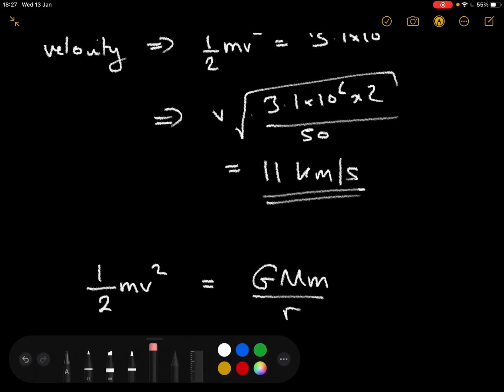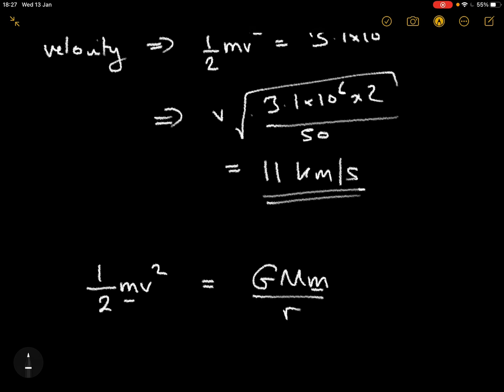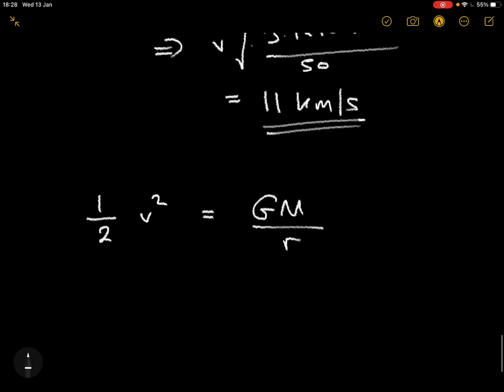And because you've got a little m in both, the mass of the object cancels out. That means the escape velocity is not dependent in any way, shape or form on the mass of the object you're trying to launch away.